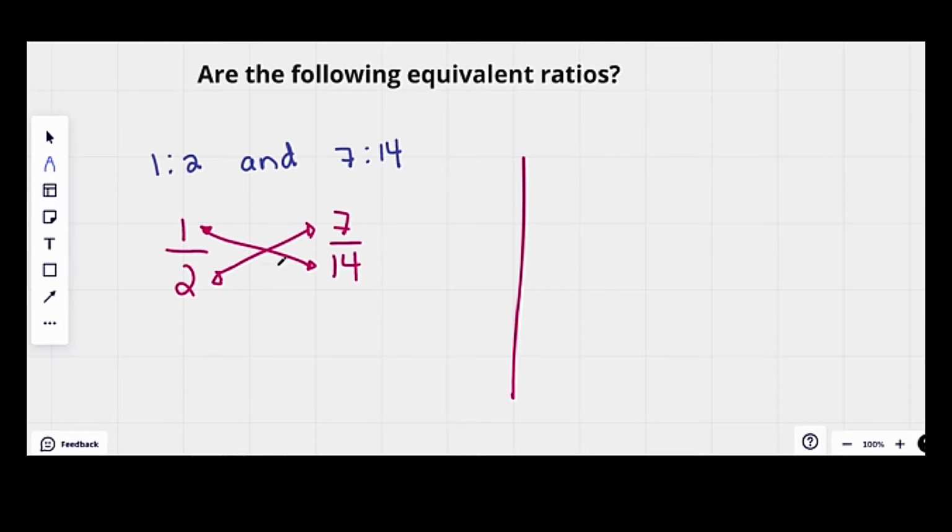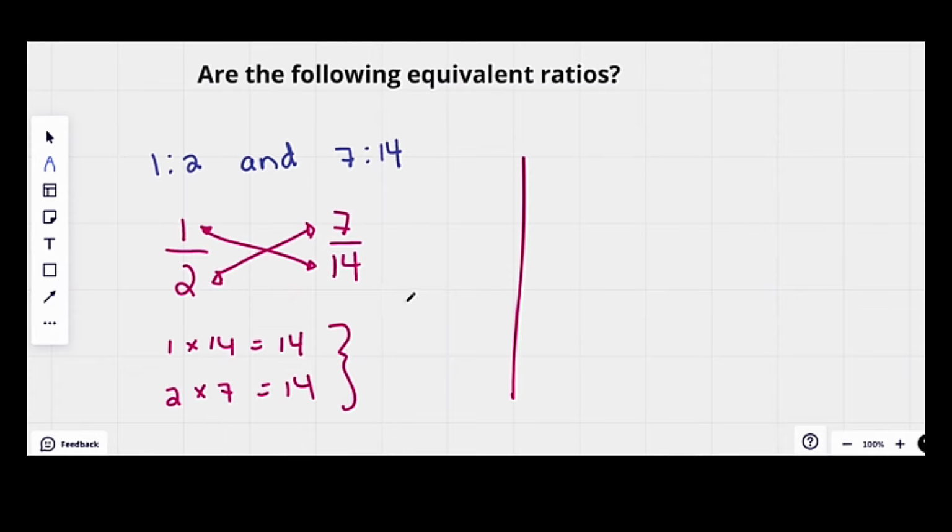So what's 1 times 14? Well, 1 times 14 equals 14. Great. Now the other side. What is 2 times 7? Well, 2 times 7 is also 14. Which means that, yes, these are equivalent because we get the same result when we cross multiply.